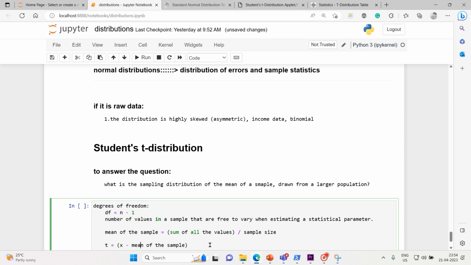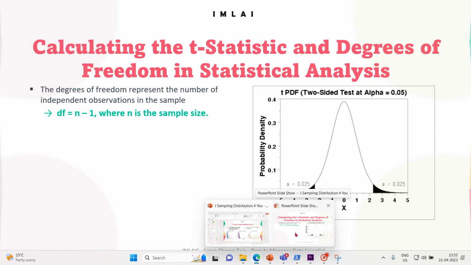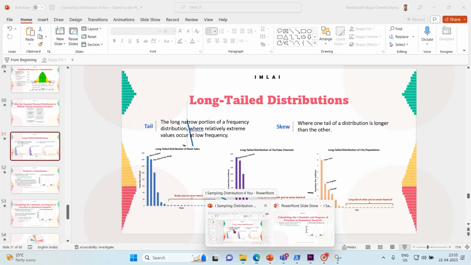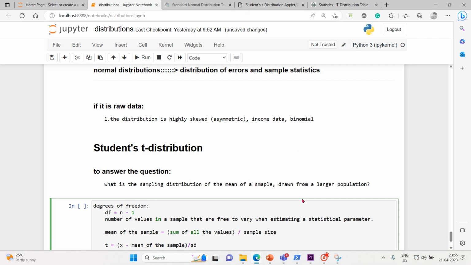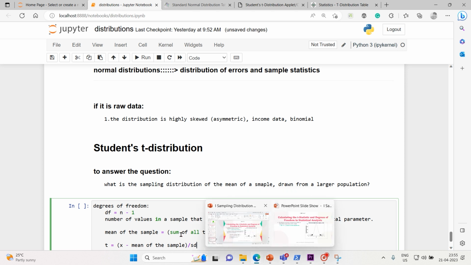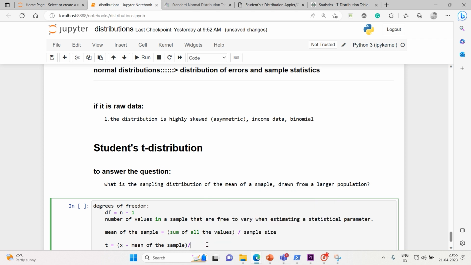Whether it is a z value or t, divided by the standard error, SE. So when you are doing this, at the end of the day, in this case I'm going to put the standard error here.